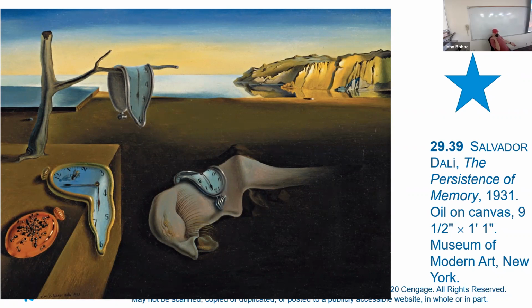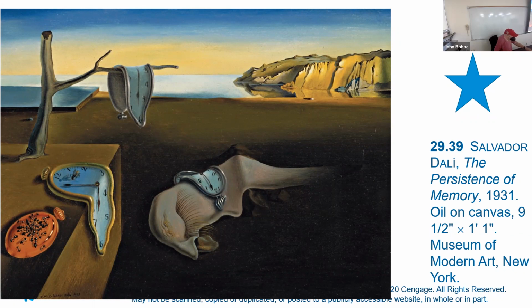And as you can see, it's at the Museum of Modern Art in New York. I want you to take note of something here too. It's 9.5 inches by 13 inches. So it's really not much bigger than this 8.5 by 11.